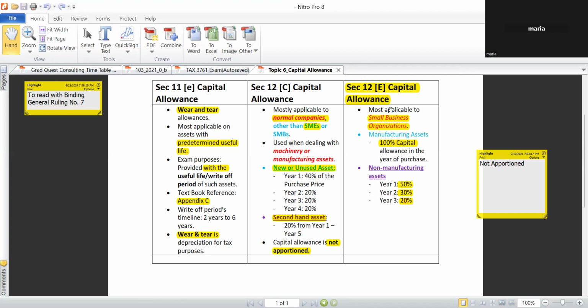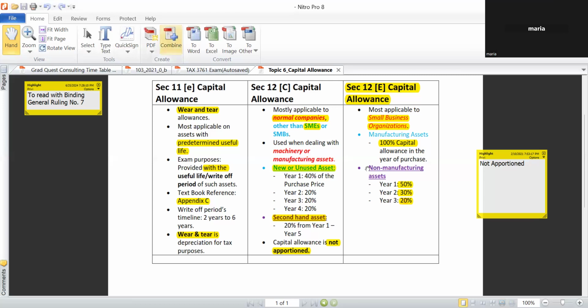Then there's section 12E capital allowances, right? Section 12E capital allowances usually is applicable when you're dealing with small business organizations, and they provide you with at least two provisions. If you're dealing with a manufacturing asset, a manufacturing machinery, SARS would allow you 100% provision for capital allowances under those circumstances.